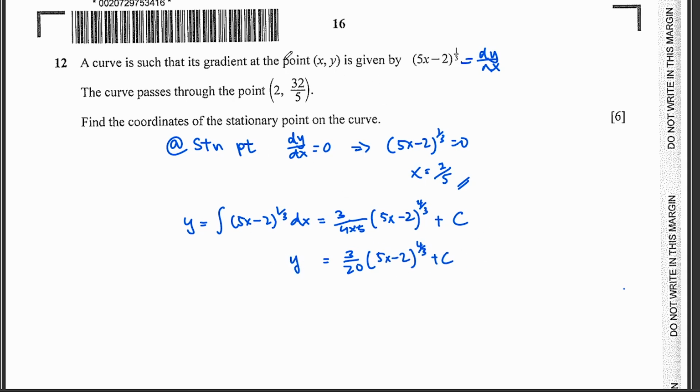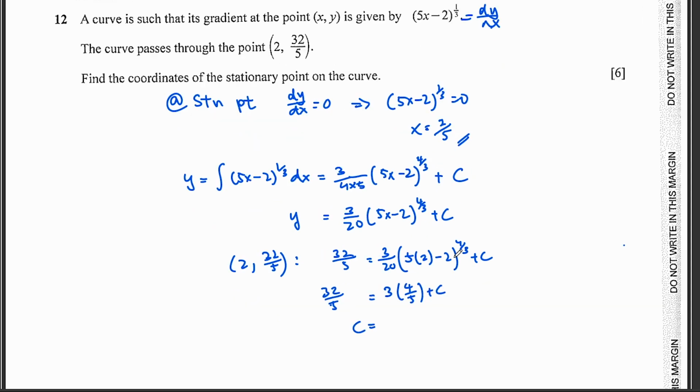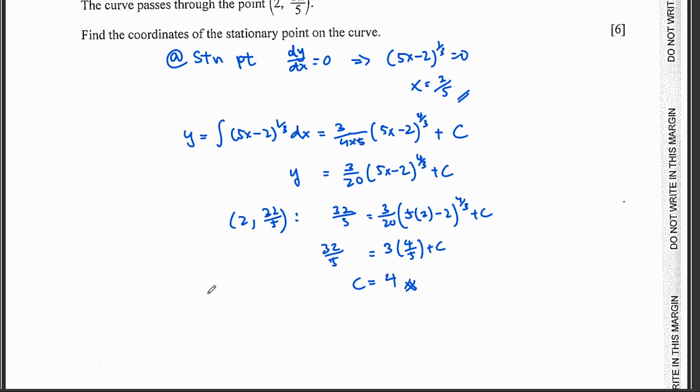But to find the plus c, we should make use of this point. Right, so at this point, this is true. So c will turn out to be just 4. Right, and then your y should turn out to be this function.